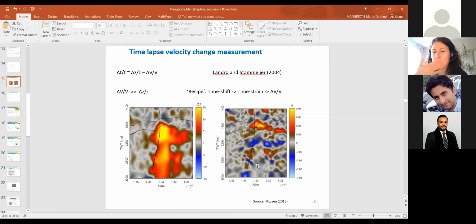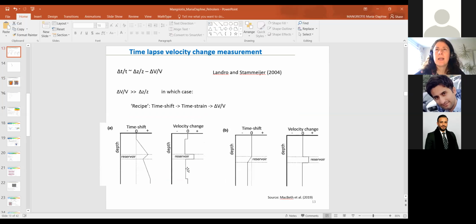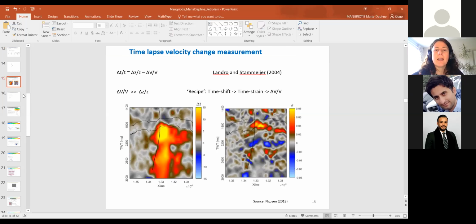velocity change. So to answer your question, yes, if we have a velocity change that is not just localized in one area vertically, but we have a full profile of velocity changes, we should be able to properly extract those from the time shift measurement. It's harder to interpret these from just the time shift, because, as I mentioned, time shift is a cumulative property.